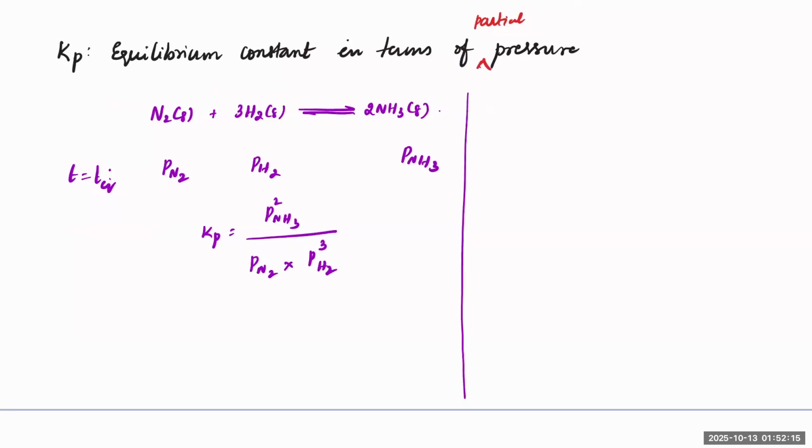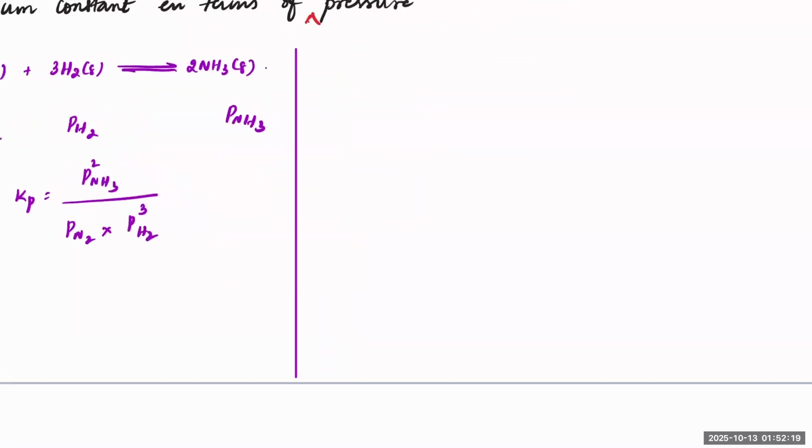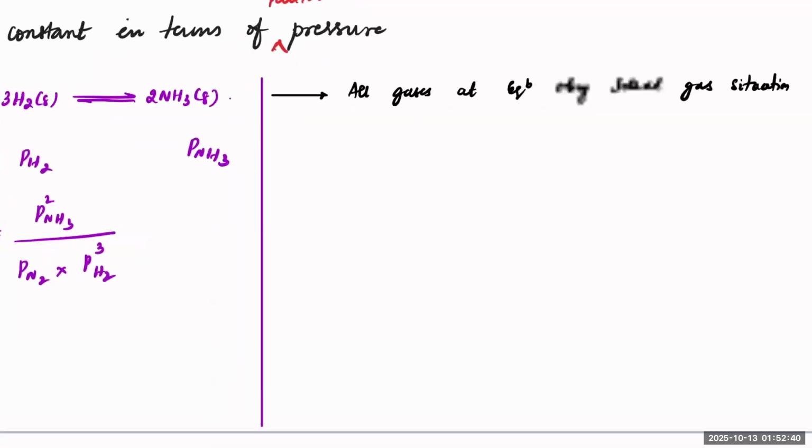Now here is the important assumption: all gases at equilibrium obey the ideal gas situation. All gases at equilibrium obey ideal gas.